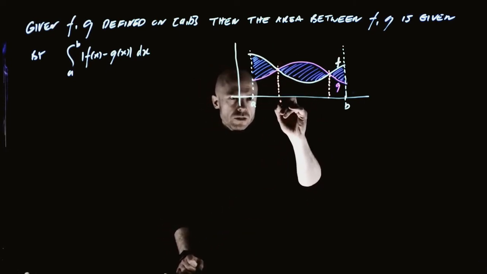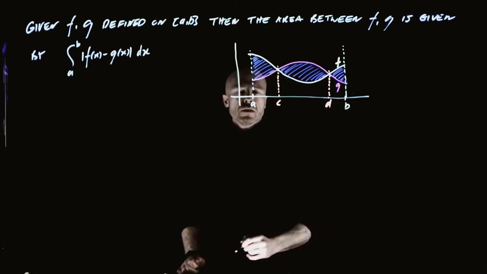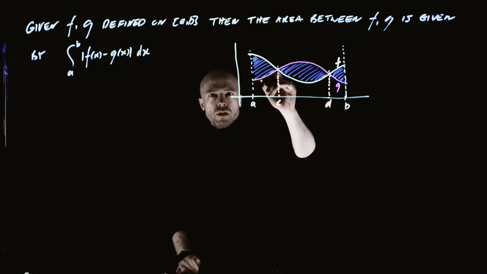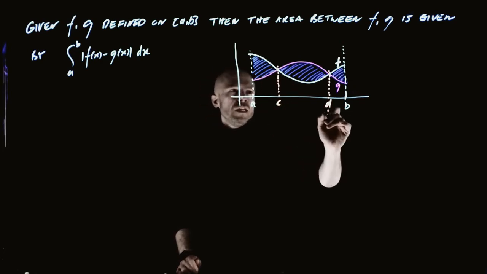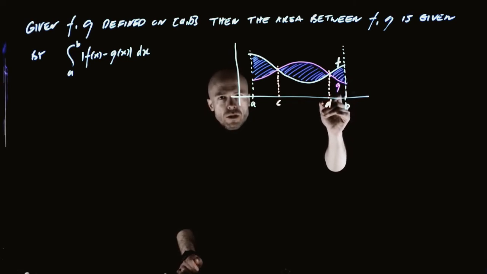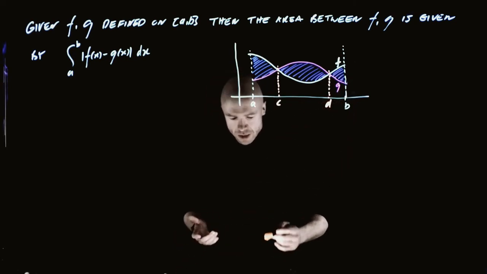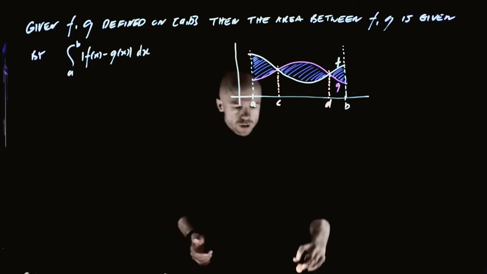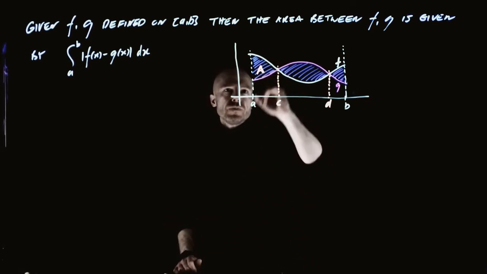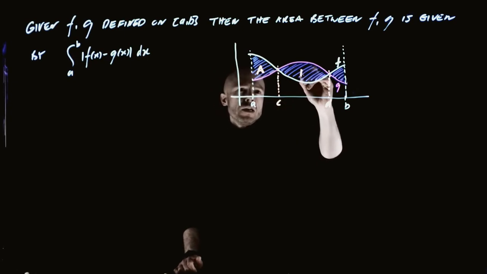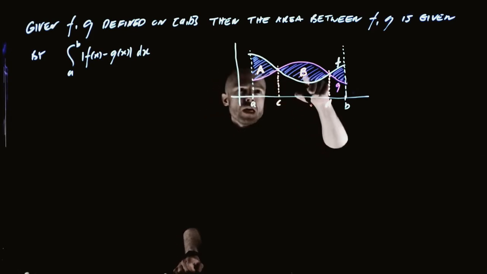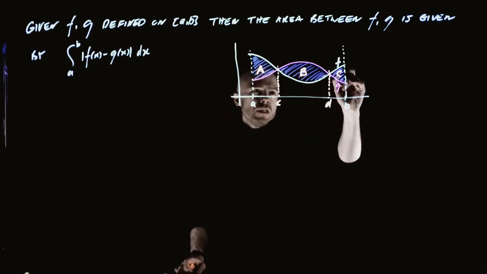Let's call this point C, and let's call this point D. So from A to C, we have that f is bigger than g. Then from C to D, we have that g is bigger than f, and then from D to B, f is bigger than g. So if we break this up and talk about the areas of each individual piece, let's call this part here capital A, and this part here capital B. By that, I mean capital A is this area, capital B is this area, and capital C is this area.